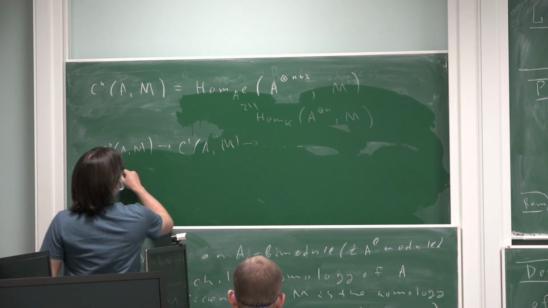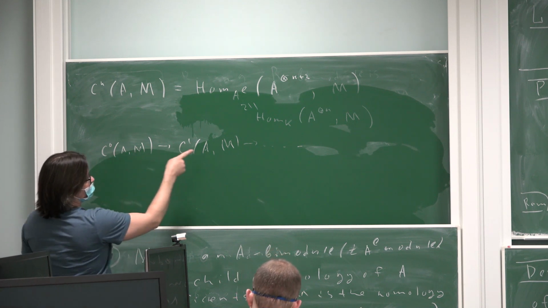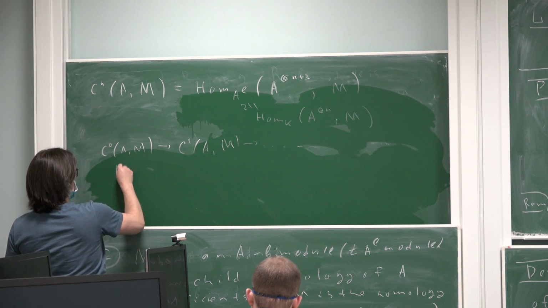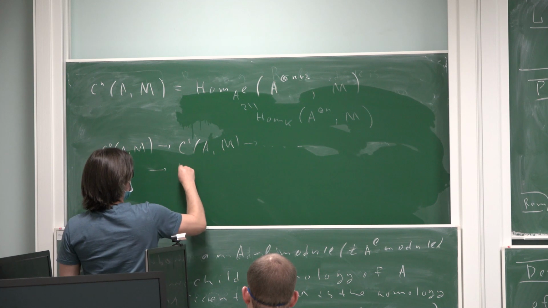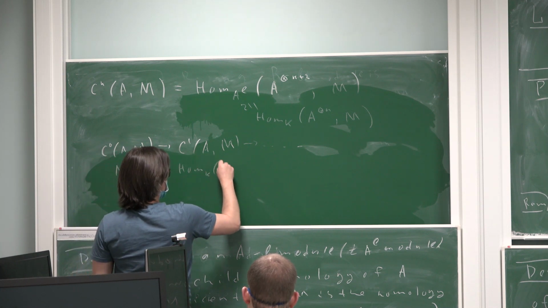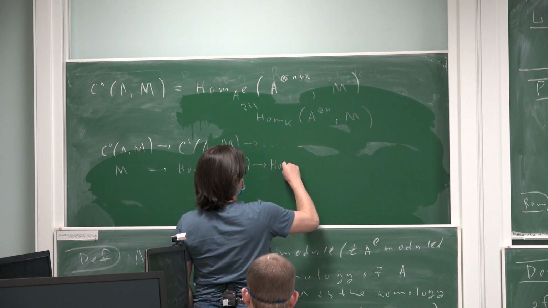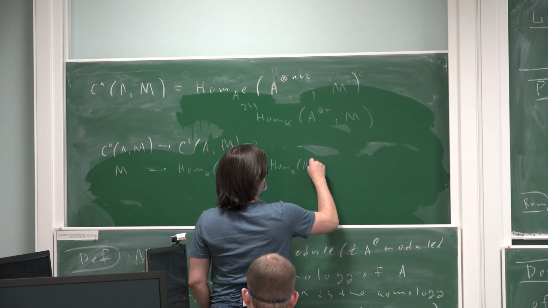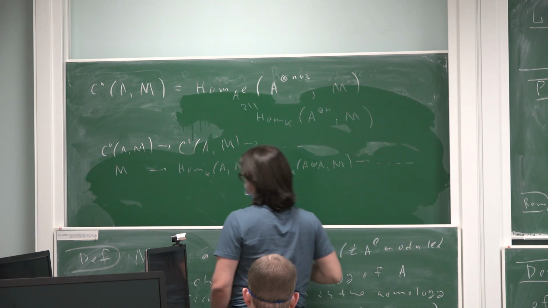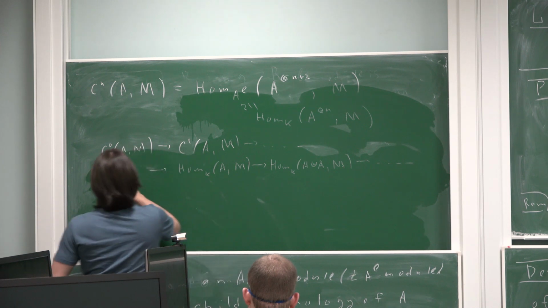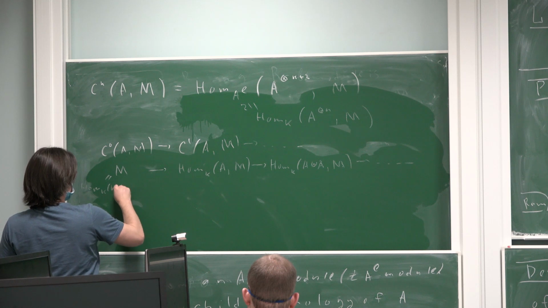Here we have Hom over K from K to M, so we have here M. Here we have Hom over K from A to M. Then Hom over K from A tensor A to M, and so on.